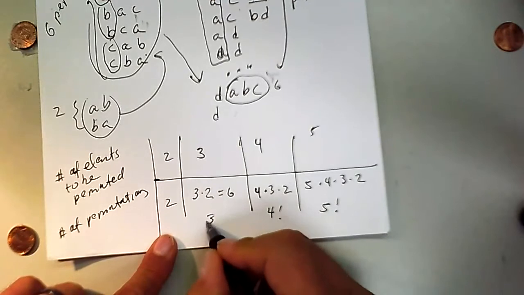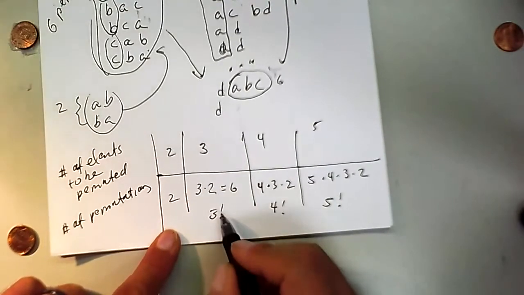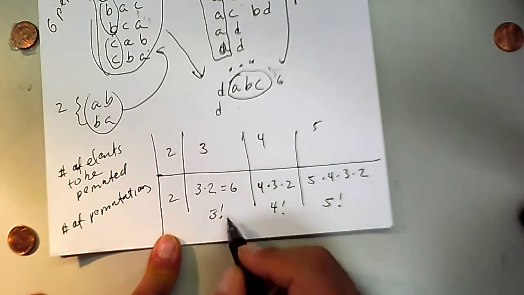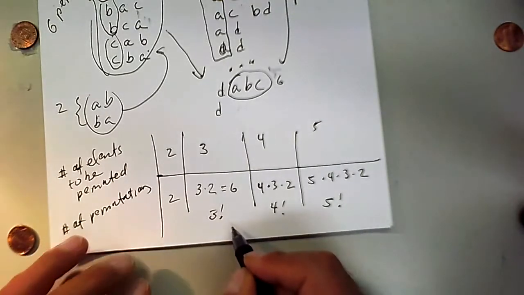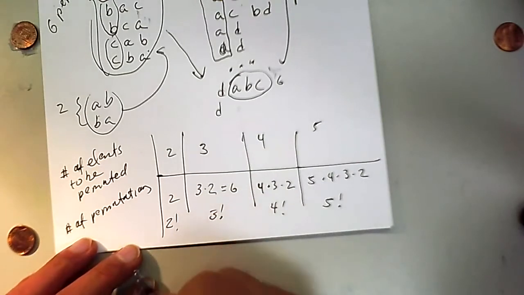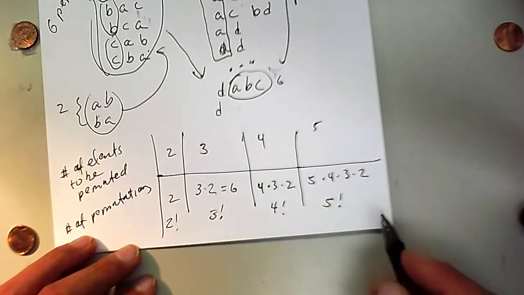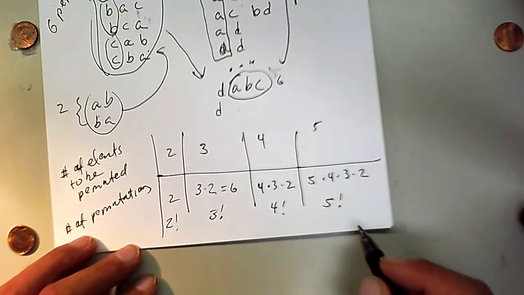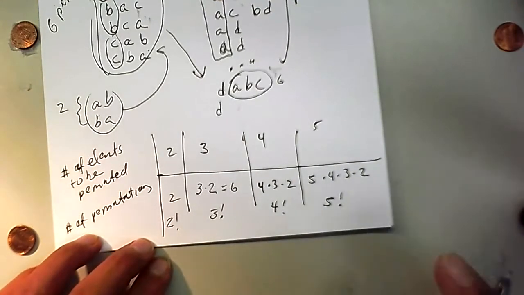That's 3 factorial. So we use the exclamation symbol for the factorial. And that is also 2 factorial. We also have 1 factorial, which is 1, and 0 factorial, which is also 1.